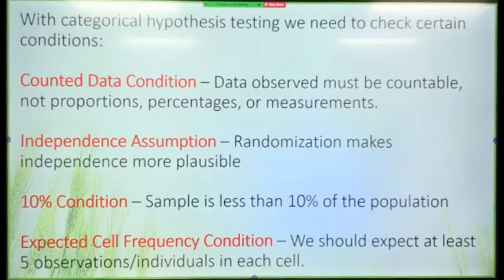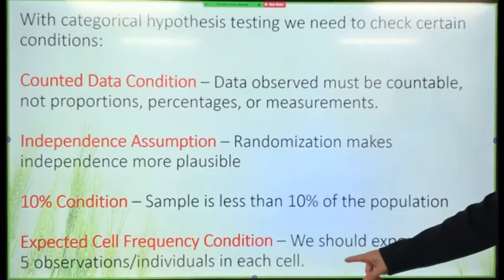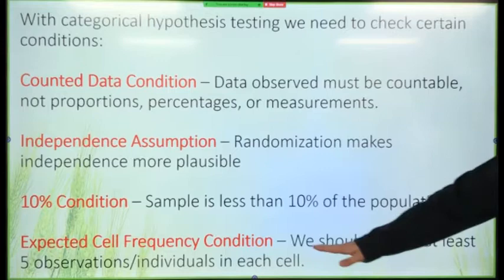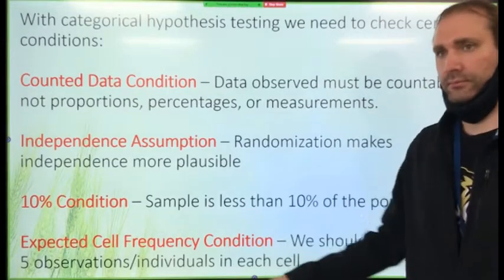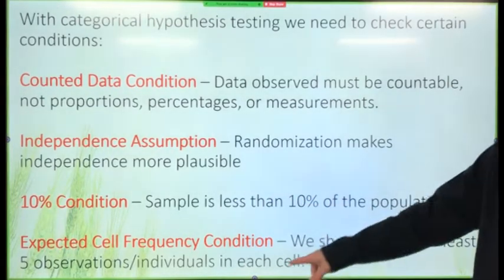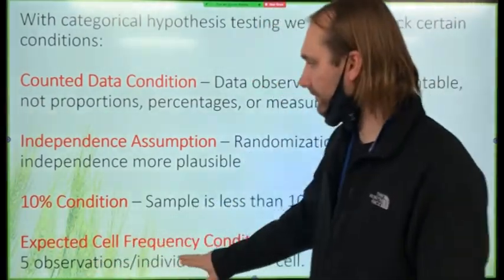Sample is less than 10% of the population. And then the expected cell frequency condition. We should expect at least 5 observations or individuals in each cell. Now notice what's missing is the success/failure condition, but that's kind of what's going on here, more or less. Remember the np is greater than or equal to 10? We need to make sure our cells are greater than or equal to 5.